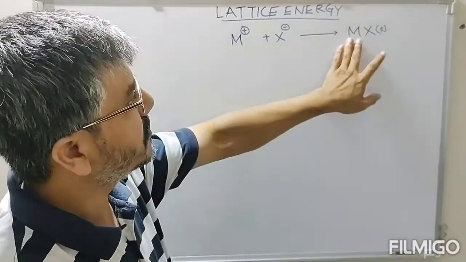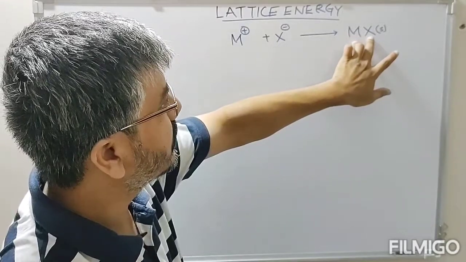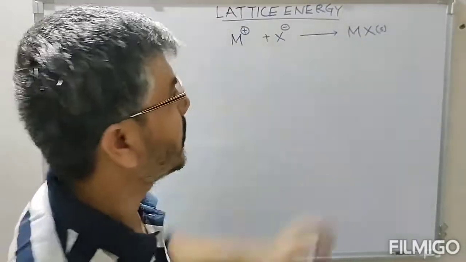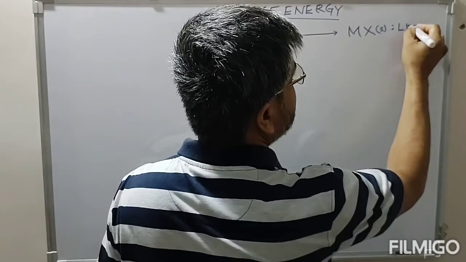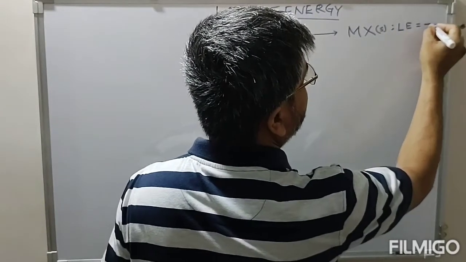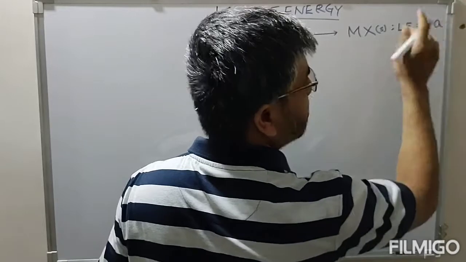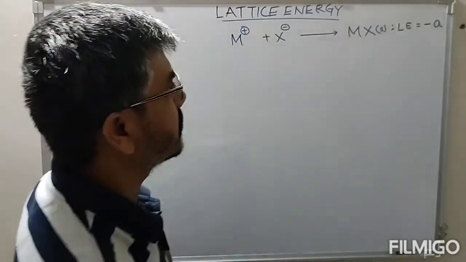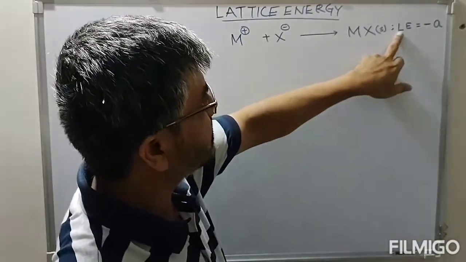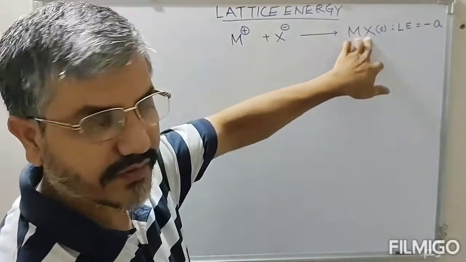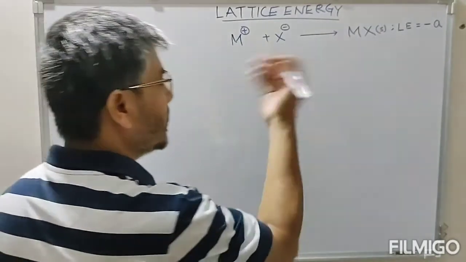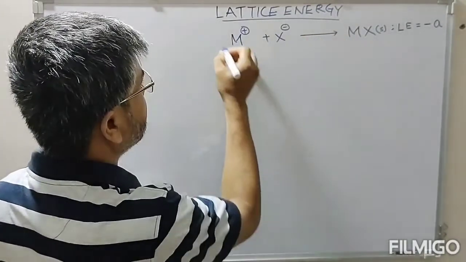So this is the formation of 1 mole of ionic compound. Here this energy is defined as minus A kilojoule per mole. So this is lattice energy defined in terms of energy released during formation of 1 mole of ionic compound.